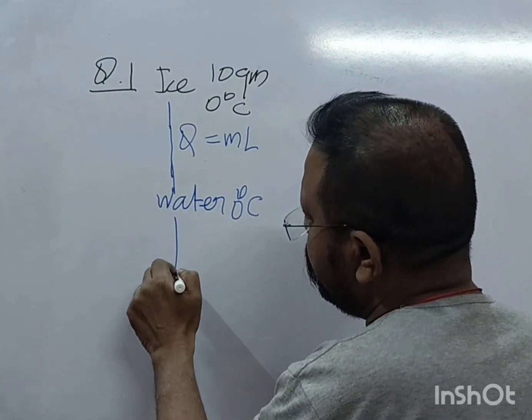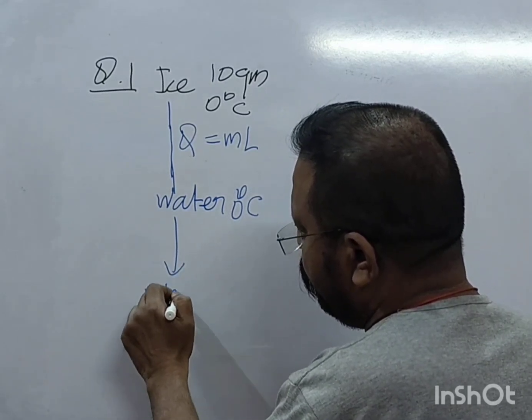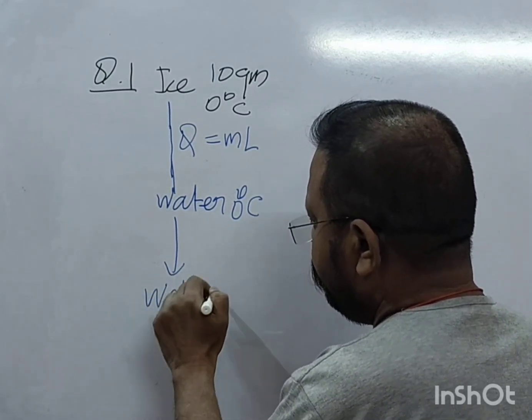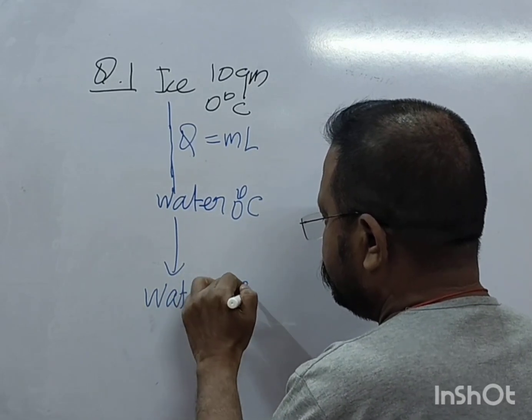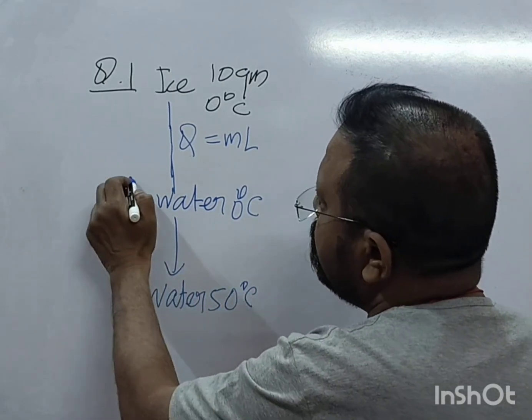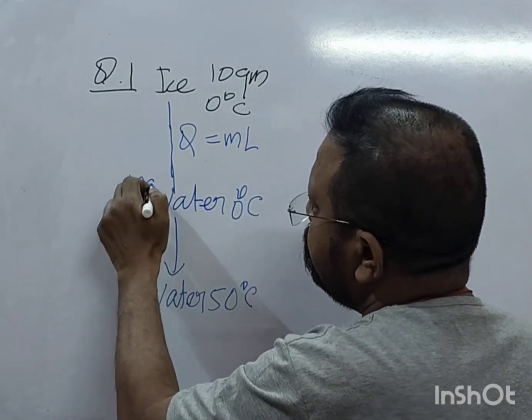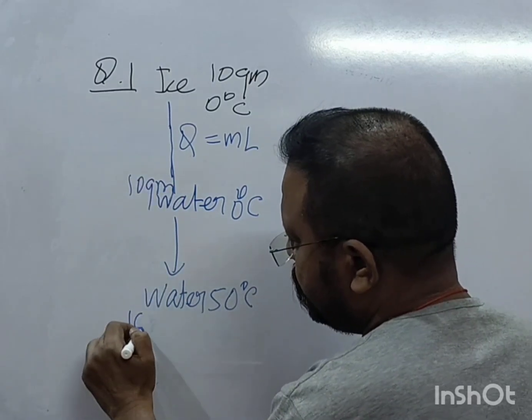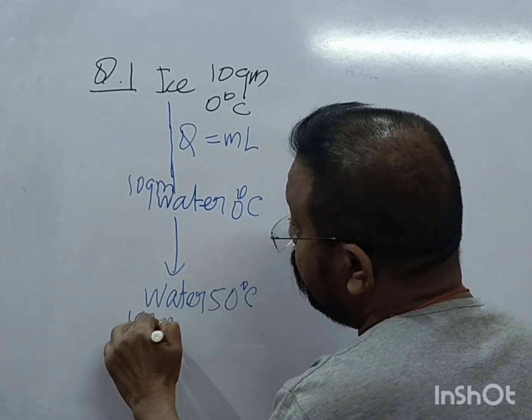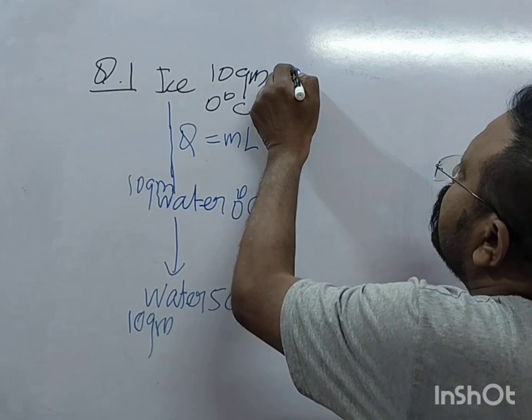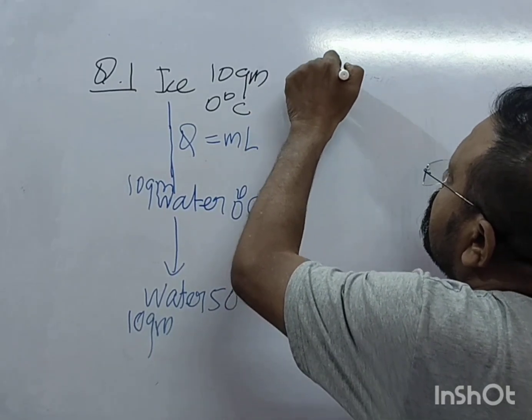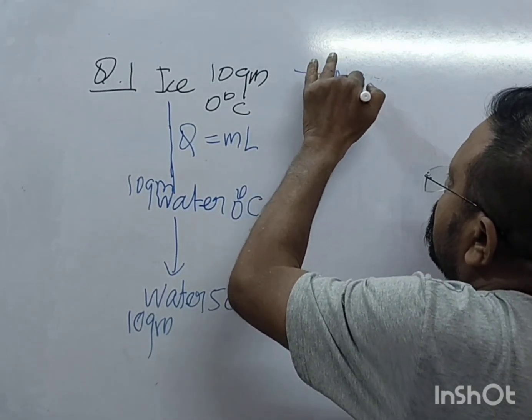And 0 degree water converts into water at 50 degrees Celsius, right? And mass will be 10 gram. What do you have to find? Calculate the specific heat of fusion of ice.